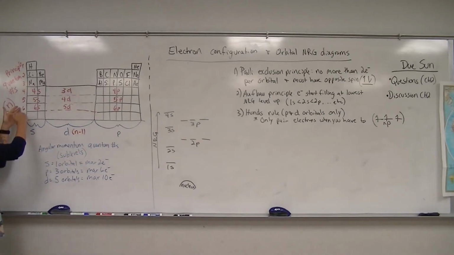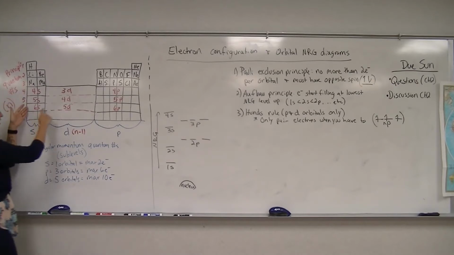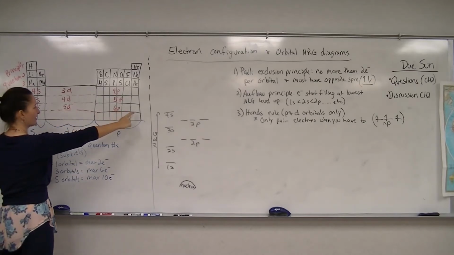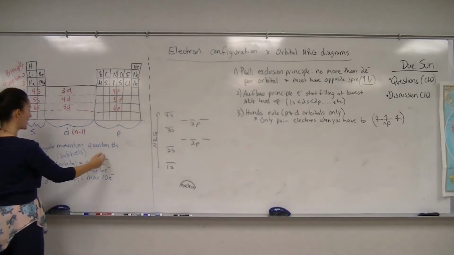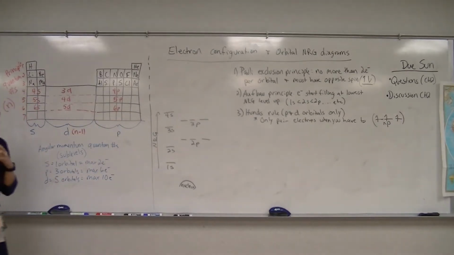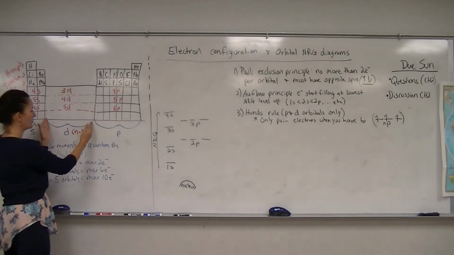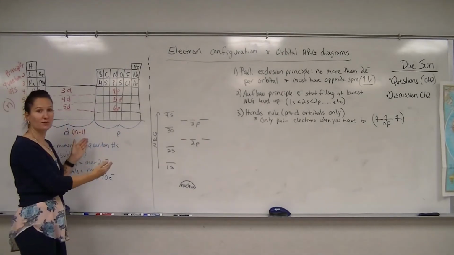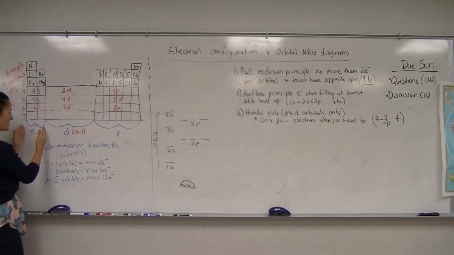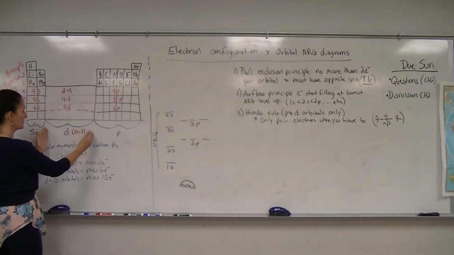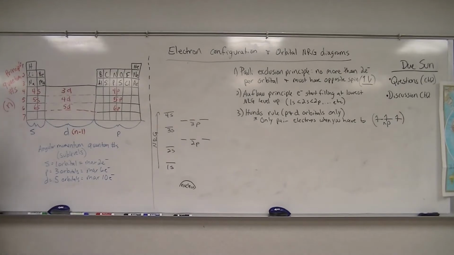If we have just the principal, especially in these lower periods, there's a lot of possible elements to choose from. So the angular momentum quantum number breaks that down further and separates those periods into sublevels. We denote these sublevels S, P, and D, with D being the transition metals in the middle.